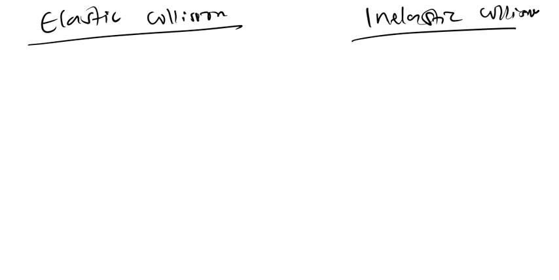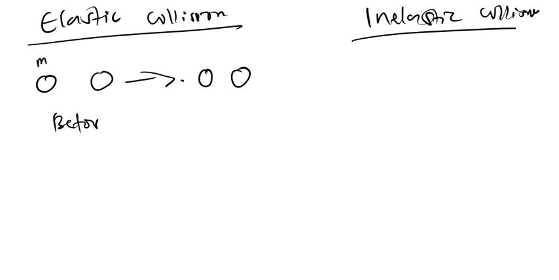Elastic collision is a situation where you have two marbles before collision. After they collide, they are going to be moving with separate velocities. So if this is m1 and this is m2, they have v1 initial and v2 initial.